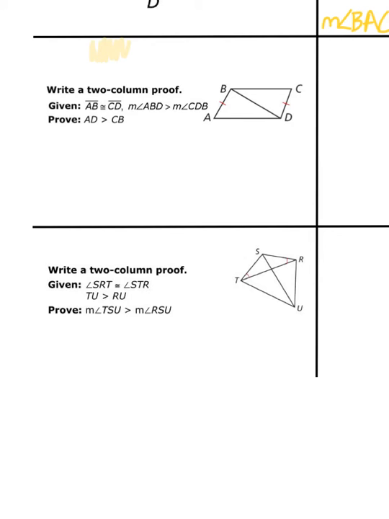Okay, our last two examples are going to be some proofs that utilize the hinge theorem. And so we're going to pay attention to this shape first, and then I'll move over and I'll sort of design my proof on the right-hand side. So I'm going to do my usual highlighting, and I'm going to say that even though it's marked as congruent, AB, I will mark in yellow, is congruent to CD.